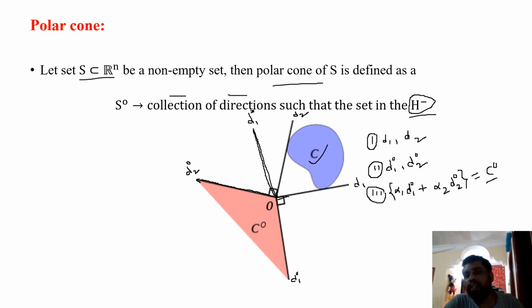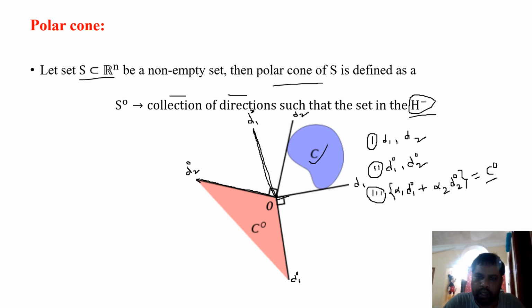Easily we can see that there is at most one intersecting point between C naught and C: the origin or reference point might be the intersection point, otherwise they might be disjoint as well. So the disjoint criterion is coming here. At most this point might be a common point, otherwise there would be no sharing.